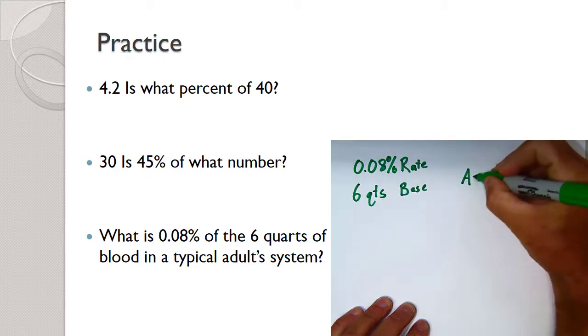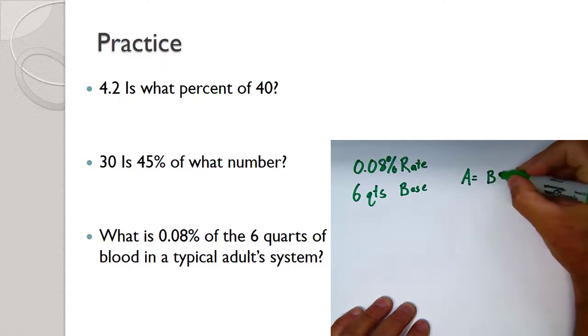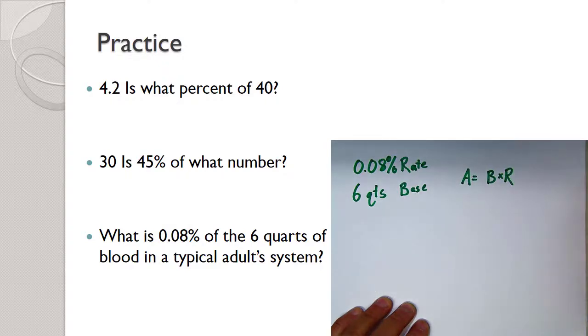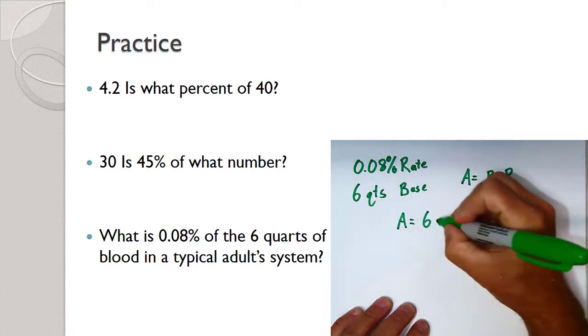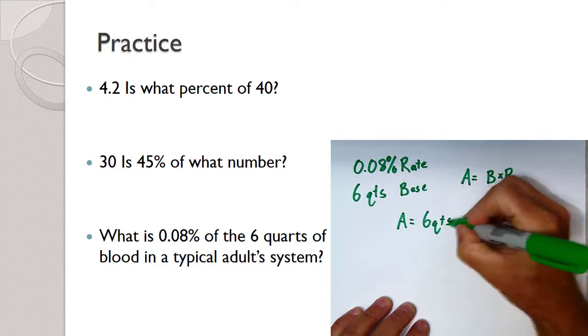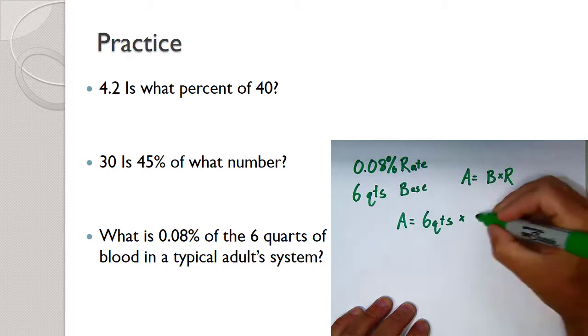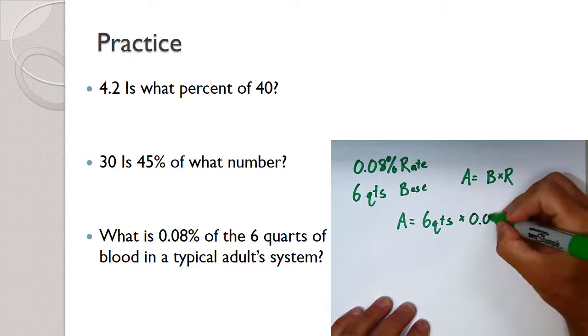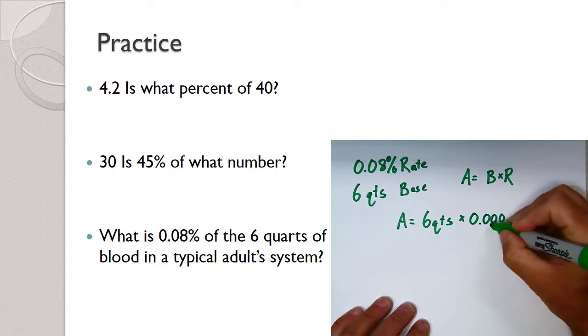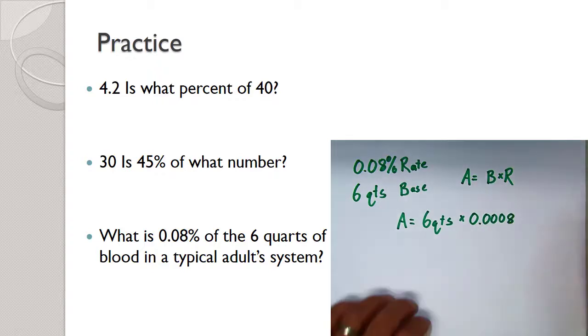And to find the amount, we want to take the base times the rate in decimal form. So in our case, that's going to be a base of 6 quarts times the rate, which is 0.08%, but we need to put that in decimal form. So to convert it to a decimal, we're going to go 2 places to the left, and we get 0.0008.